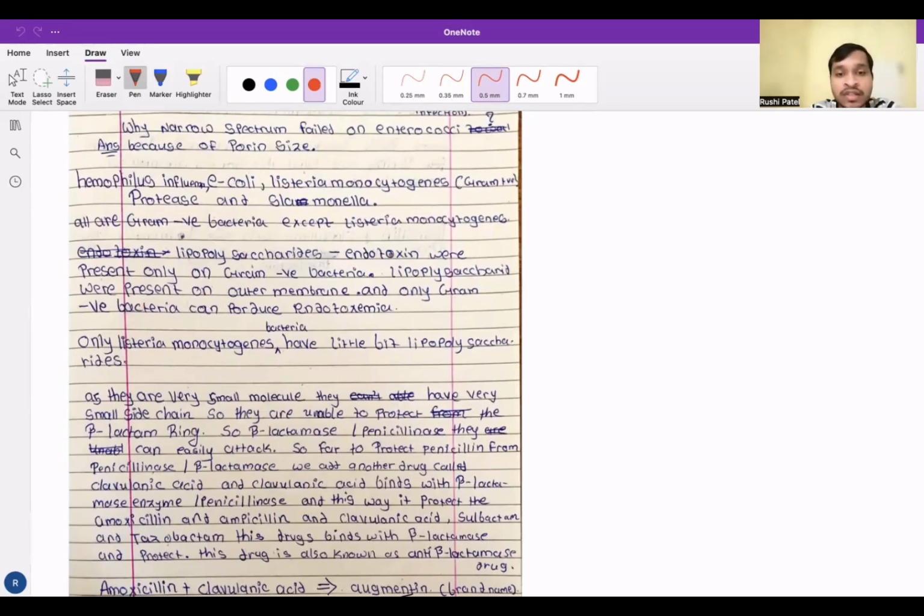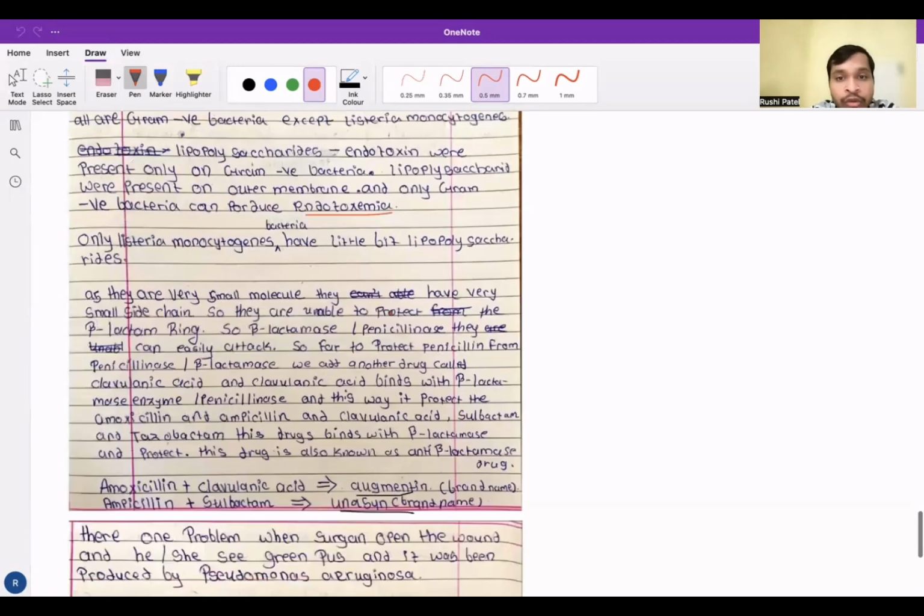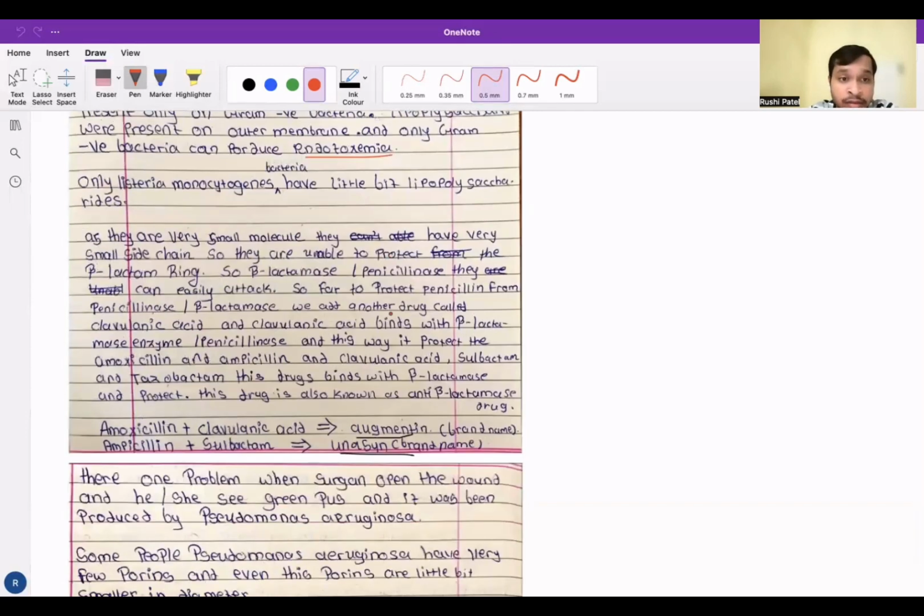The lipopolysaccharides and endotoxins were present only on the outer membrane of gram-negative bacteria, which can produce endotoxemia. Only Listeria monocytogenes has a little bit of lipopolysaccharide, as these are very small molecules with a very small side chain.